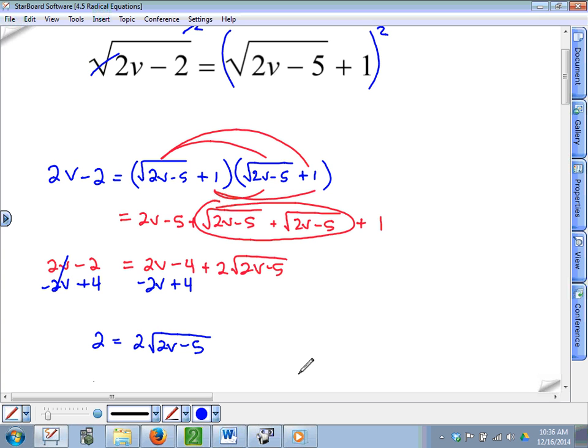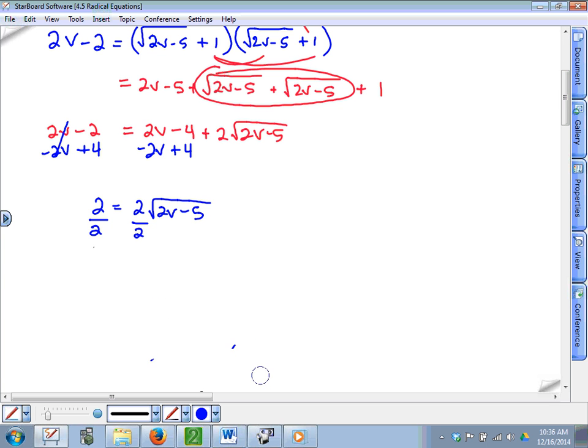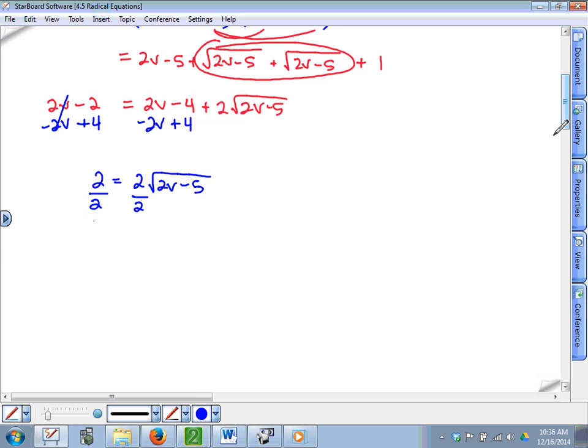Should we square both sides yet? Divide the 2. You get 1 is equal to the square root of 2v minus 5.